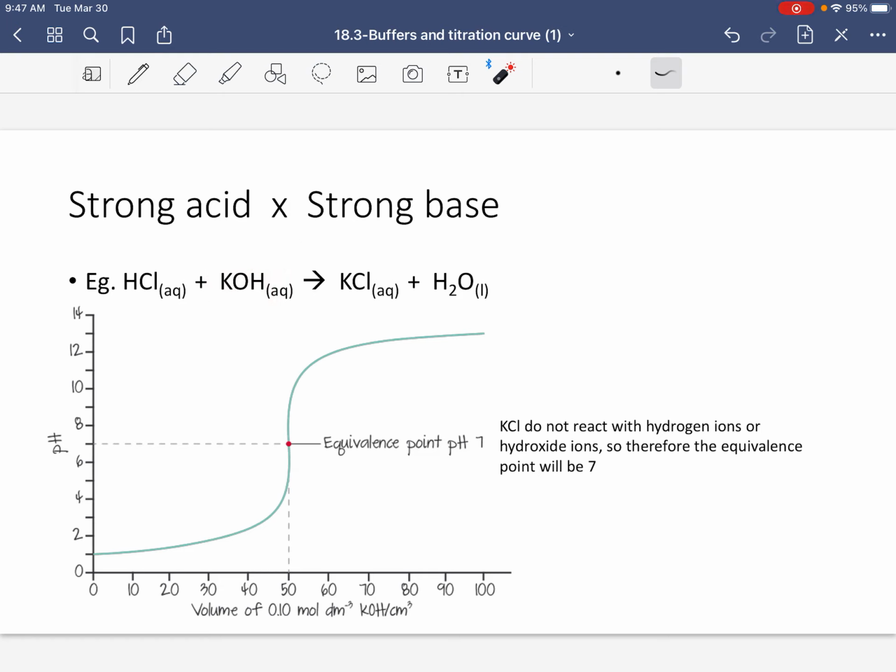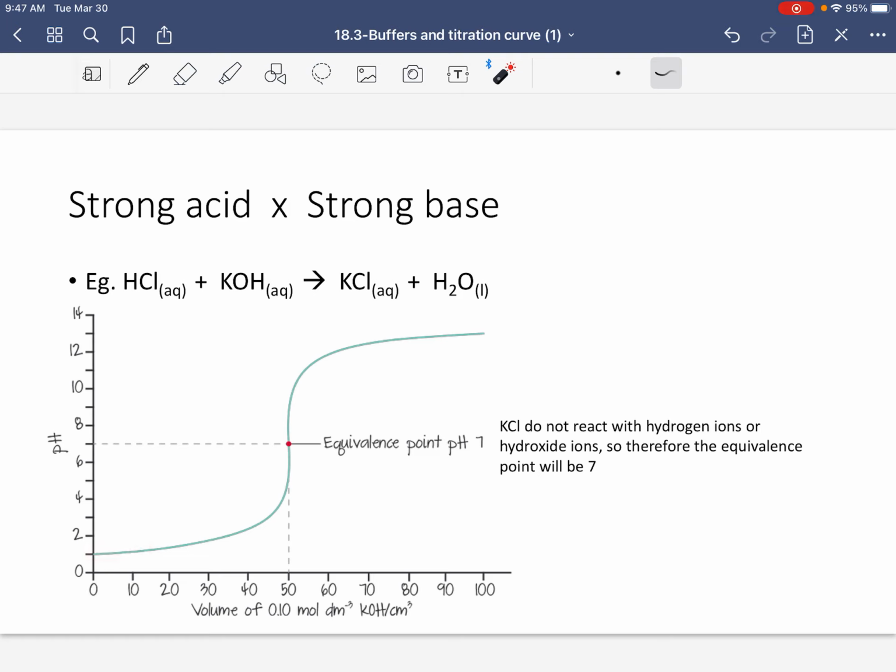And if this is your starting point, obviously, you are going to be at a pH very, very low. Okay? So as you add this drop by drop, drop by drop, and drop by drop, you're going to start producing KCl. You're going to start producing H2O. As you add this, you can see that the pH will start to go up.